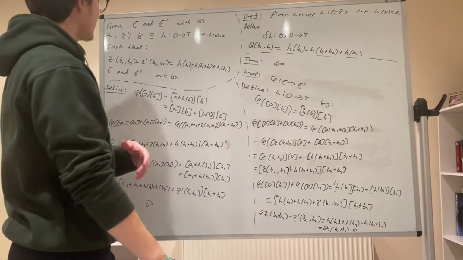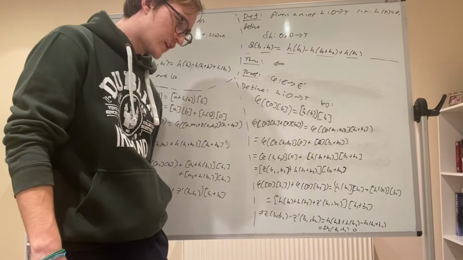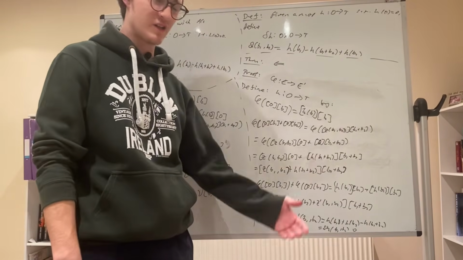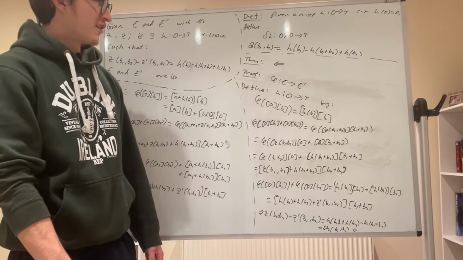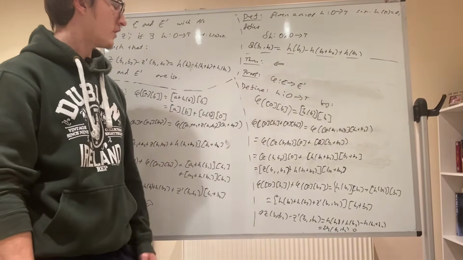Now, you can immediately see the normalization condition by the fact that h of 0 is 0. The cocycle formula, just plug it in and you'll get it. It's a bit long, but you'll get it. So this itself is a cocycle.